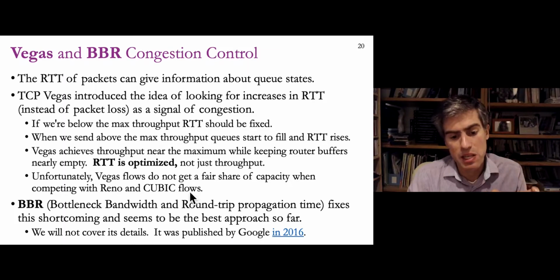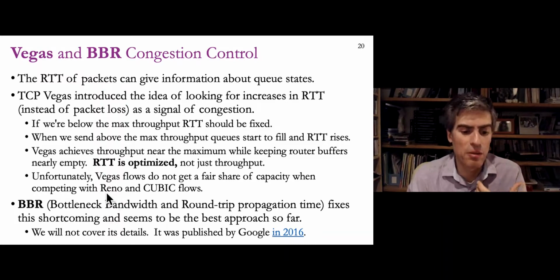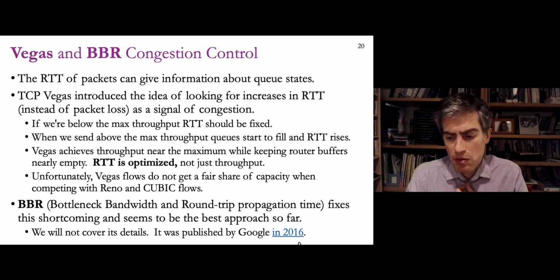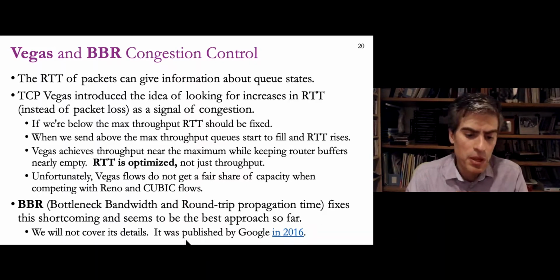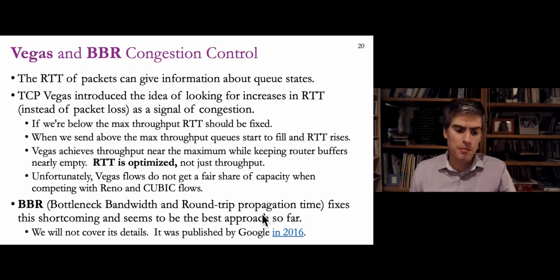And by doing that, it was able to compete experimentally, not be starved out by the Reno and Cubic flows. And this system was developed by Google. It was described in a paper in 2016. So at the current time that I'm recording this, it's kind of the state of the art.